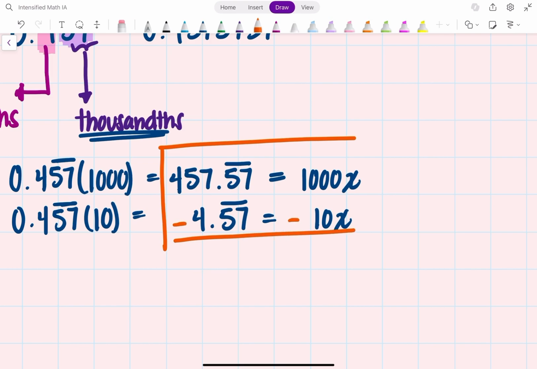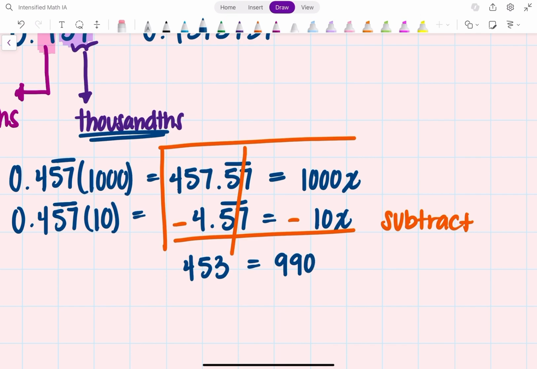So the first step is to subtract. Let's subtract. Our decimal, by the way, cancels out, and I'm left with 457 minus 4, which is going to give us 453. And that is going to be equal to 990x.